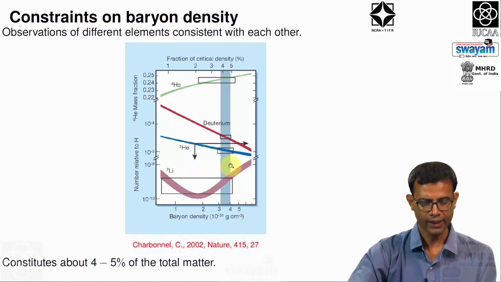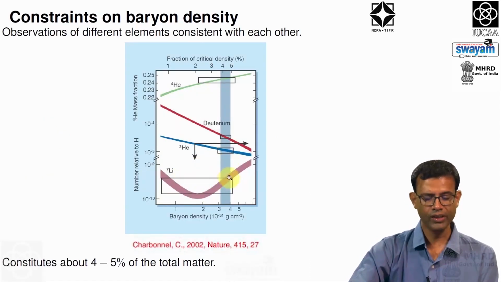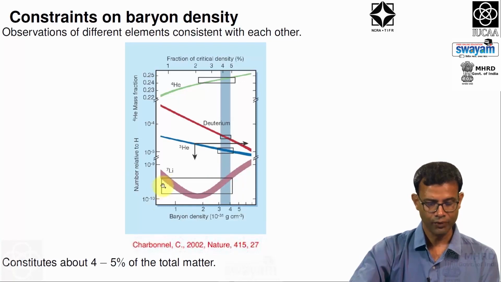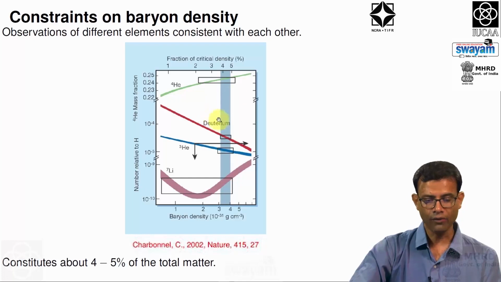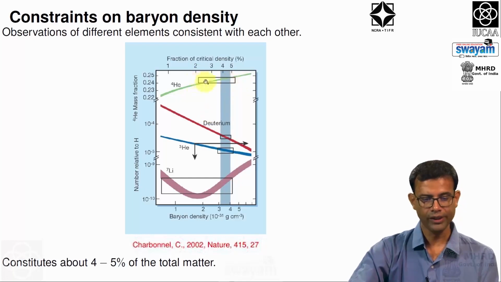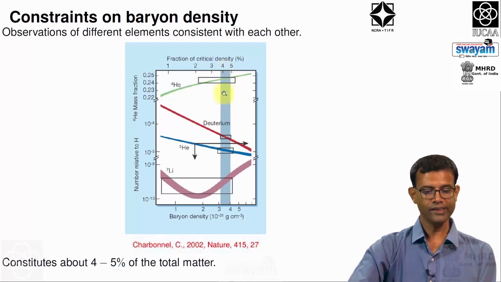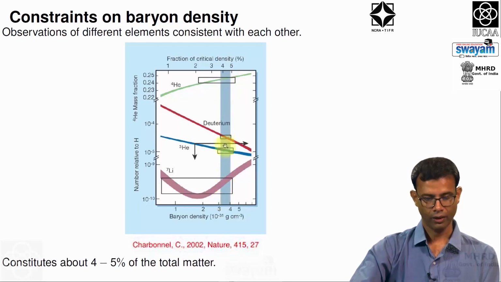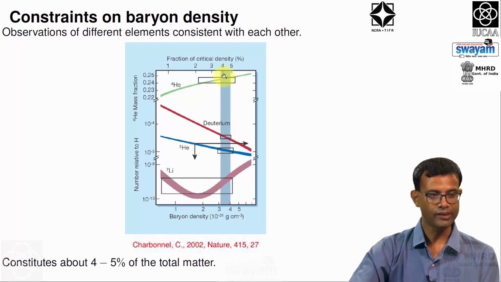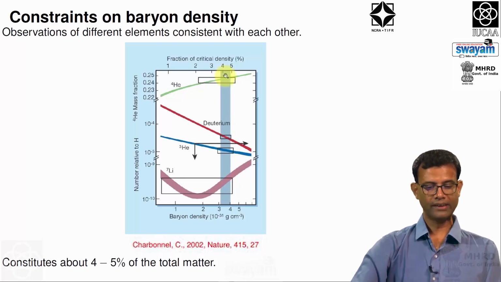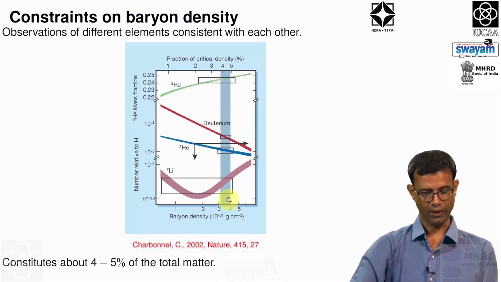So, with all this we get these ranges in observations for various abundances, and it turns out that if we combine all these observations of various elements, this shaded vertical region is singled out, and that tells us that the value of omega baryons must be somewhere between, let us say, 4 to 5% of total matter.